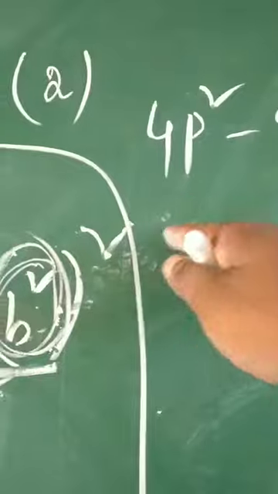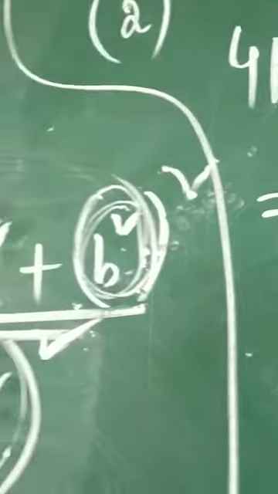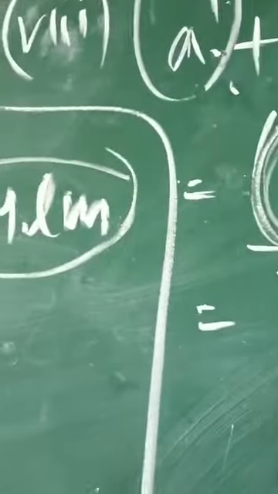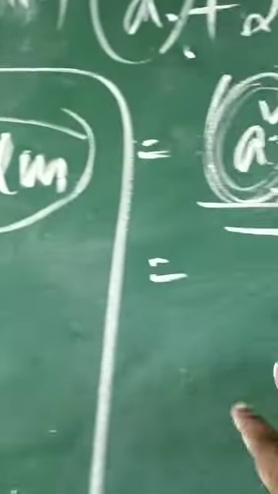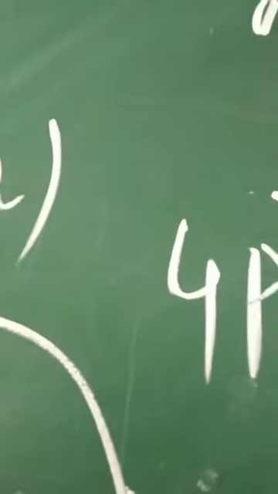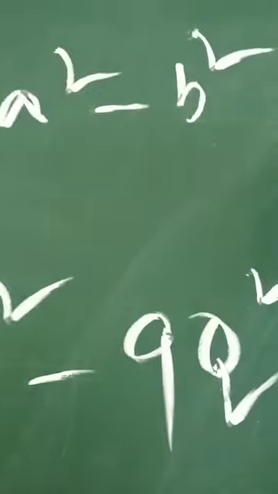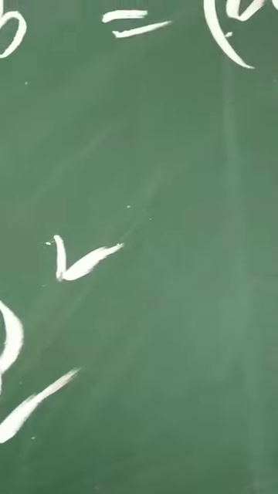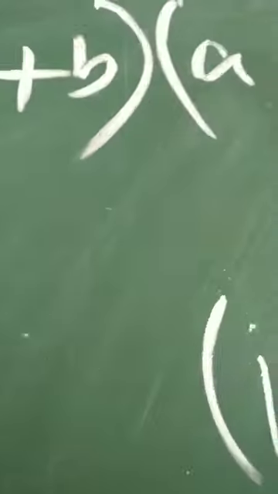4p square minus 9q square. So children, this is another part of factorization. This was some common concept of a plus b whole square and a minus b whole square. Right now we are going to deal with one more new identity. The identity is a square minus b square equal to a plus b into a minus b.